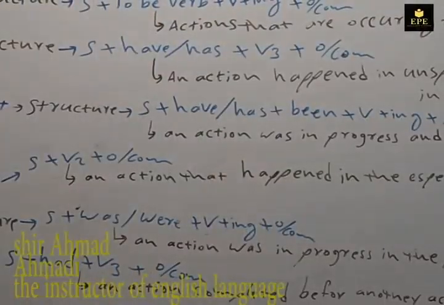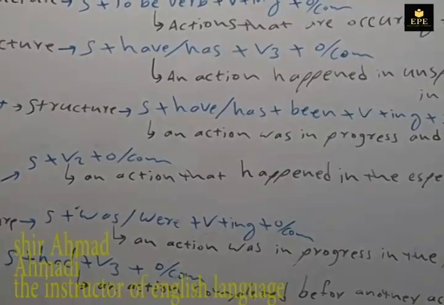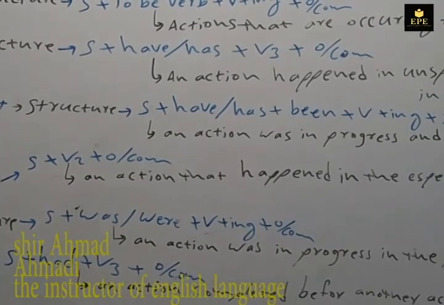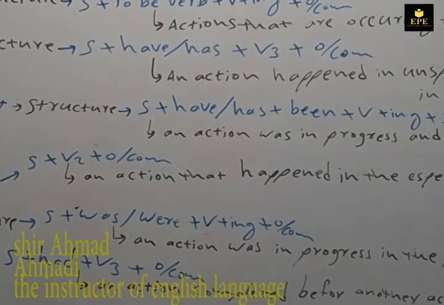In English language, there are three tenses: present tenses, past tenses, and also future tenses. For future tense, I will make a new video in the future. For now, I will just explain very shortly and concisely about two tenses.